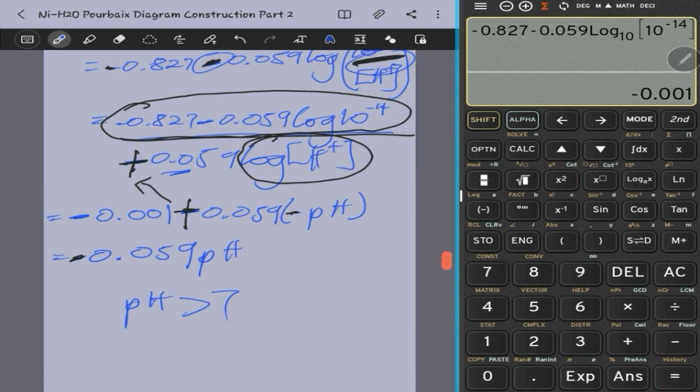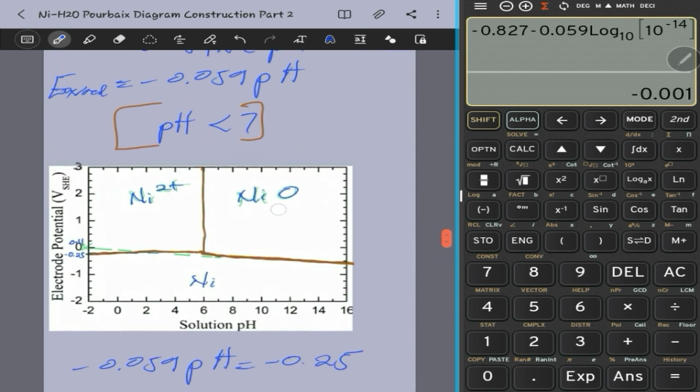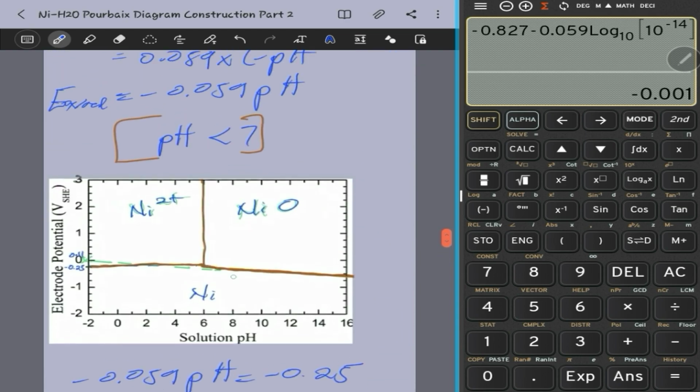Okay. So then again, we know that it's in line with this very first one, the equation 5 that we drew. But the only difference is that it starts at 7. This is just for us to know where it starts from. So we know it has the same equation as reaction equation 5.